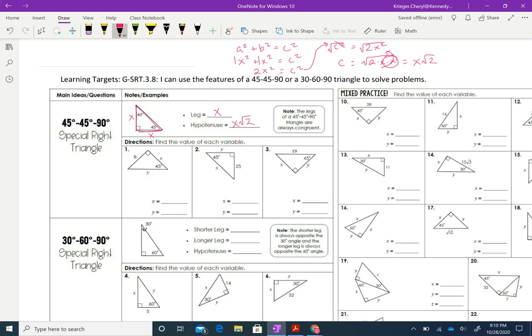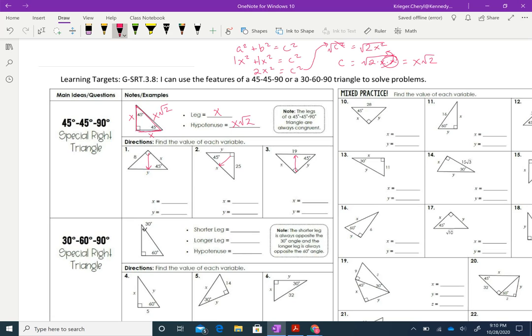We will apply this now. We have x root 2 for our 45, 45, 90 triangles. So the first thing I want to do is identify the hypotenuse for numbers 1 through 3. So the hypotenuse for number 1 is y, the hypotenuse for number 2 is x, and the hypotenuse for number 3 is 19.